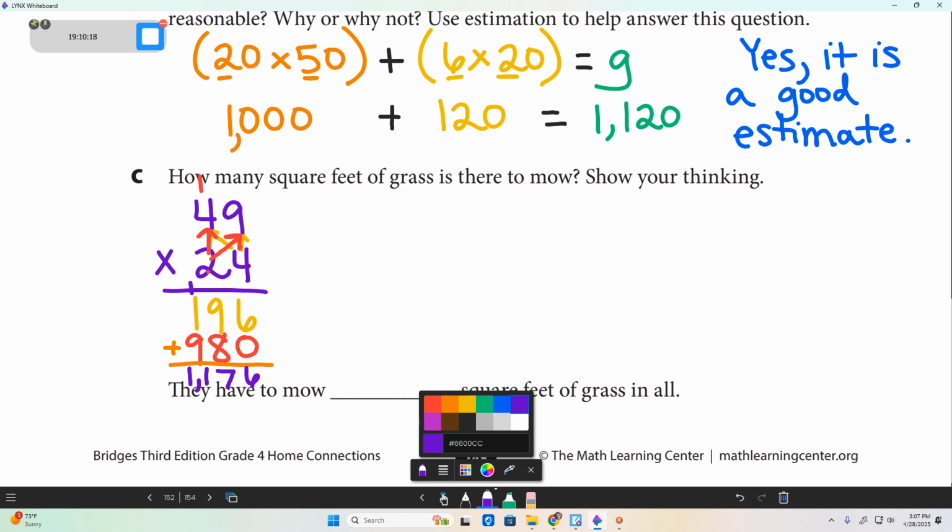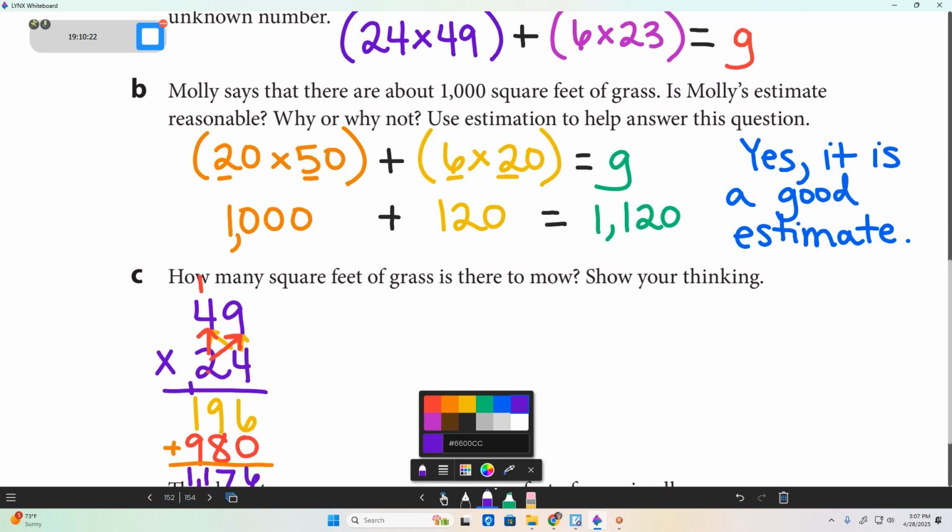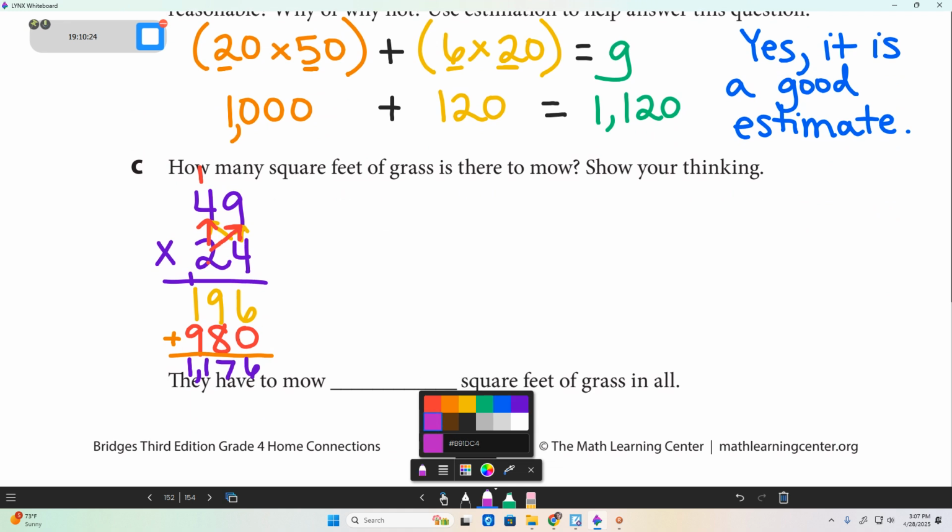Now I need to multiply the second part of my equation, kind of that purpley pink color, 6 times 23. All right, 6 times 3 is 18. 6 times 2 is 12, plus 1 more is 13. That was nice and easy, multiplying by a single digit. Okay, so now I need to add the area of that first section of grass and the area of this second section of grass.